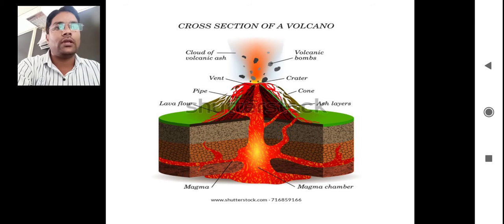These are called as volcanic bombs. Then there is a pipe we already discussed. Pipe is also called as conduit, and it acts as a passage of magma from magma chamber to the opening of the volcano.